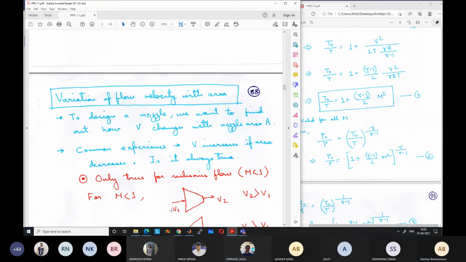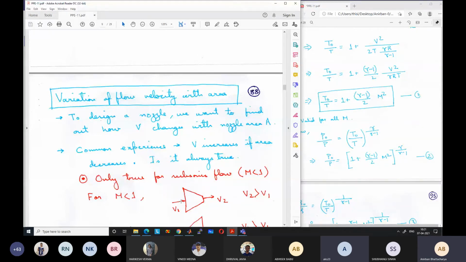I asked that if the inlet velocity to this convergent nozzle is very small, negligible, and the static pressure is 100 kilopascal, what will be the stagnation pressure? And then I asked that if the static temperature is 300 Kelvin, what will be the stagnation temperature? So stagnation temperature would be 300 Kelvin only, because velocity is almost zero.